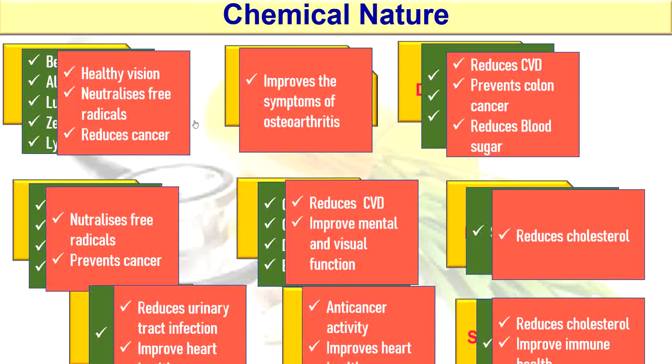Another classification is based on the source, mechanism of action and chemical nature. So each nutraceutical has unique health benefits inside our body. If you include food from all the food groups, you can get all these essential chemical compounds to our body and it enhances our health status.